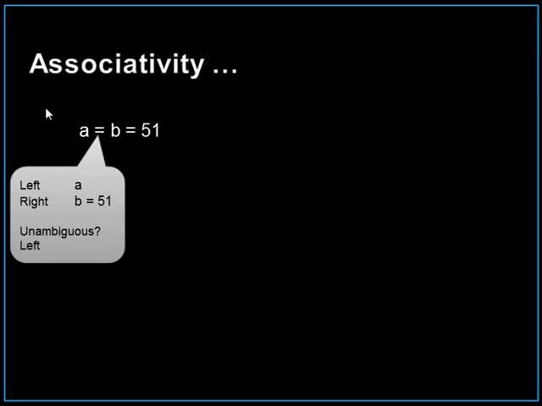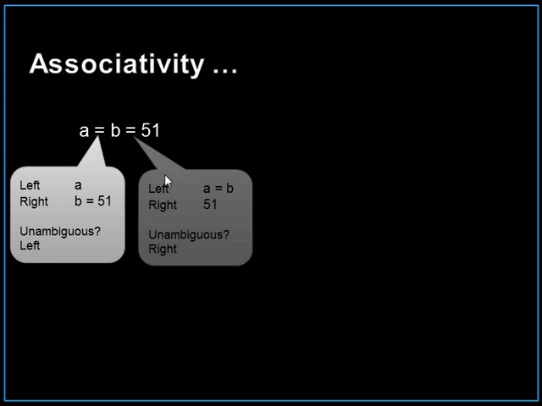Let us take another example here. If a equals b equals 51, now here is also a confusion of which to solve first, because the two equal-to operators obviously have the same priority, right? Now considering the first equal to, the left is a, the right is b equals 51. Unambiguous, meaning not confusing, is the left.